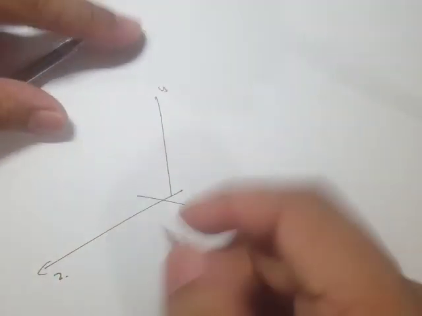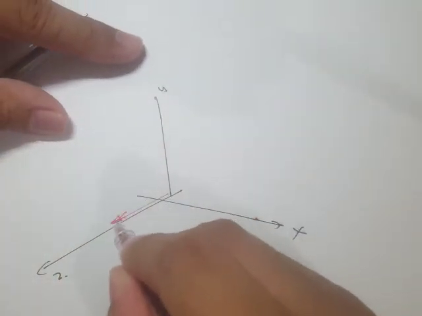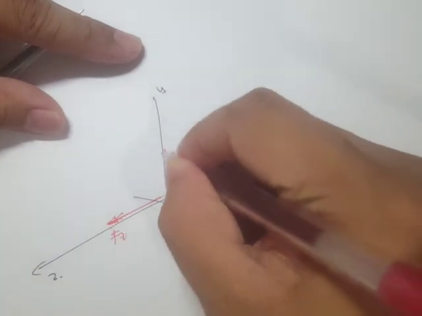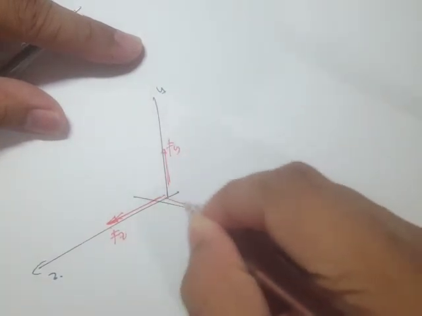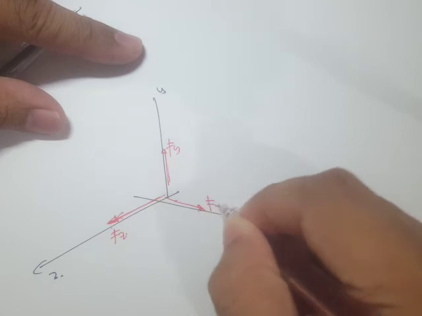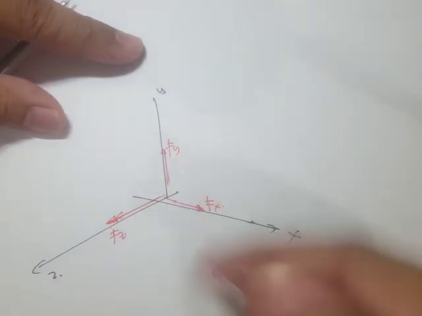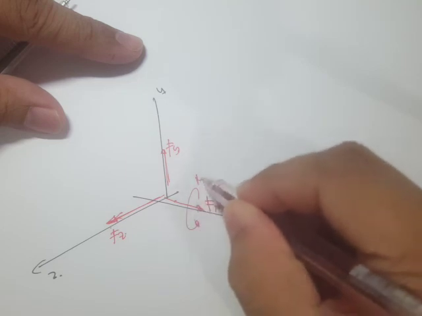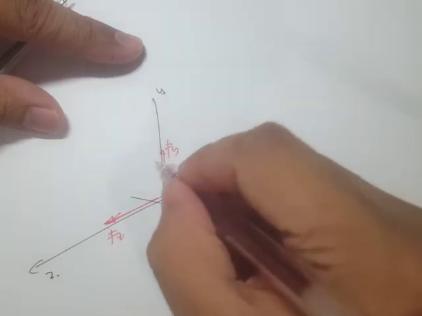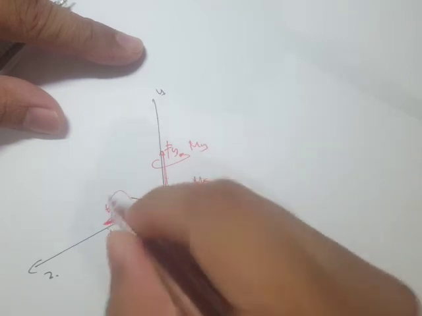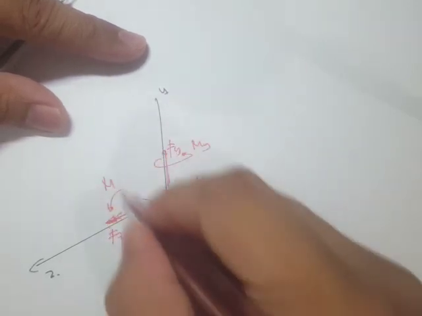So we can have reactions: force along z, f sub z, this one is f sub y, and this one is f sub x. Or we can have moments: moment along x, moment along y, and moment along z.